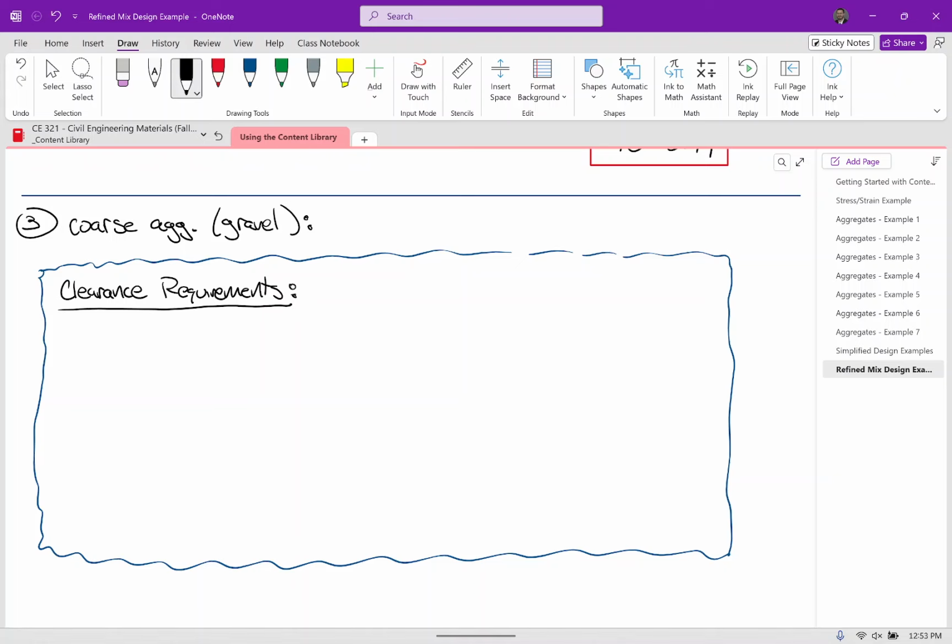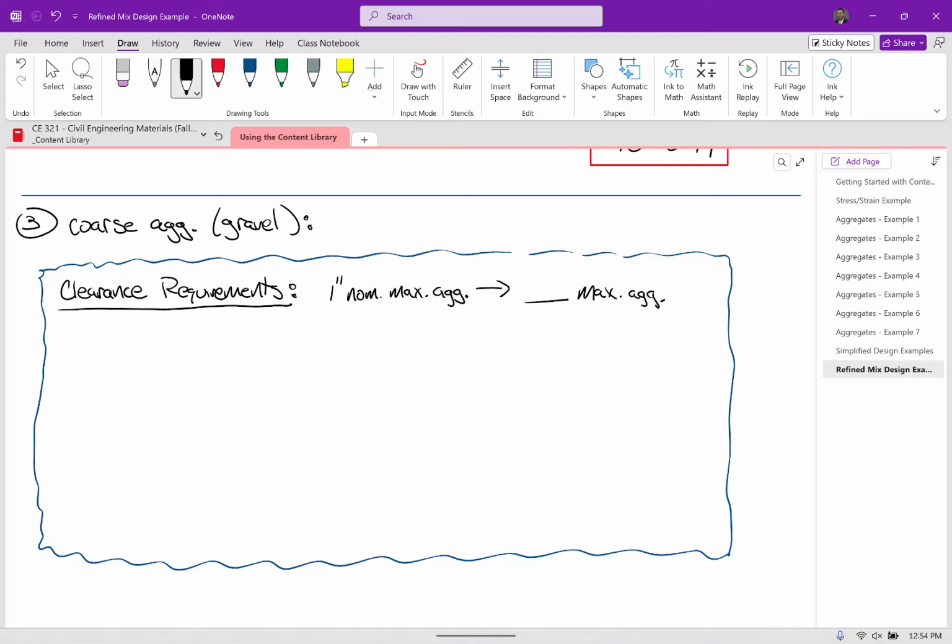Let's look at our clearance requirements. Now, what is the difference between a nominal max aggregate size and a max aggregate size? In other words, if I know this, what is my max aggregate? 1.5.